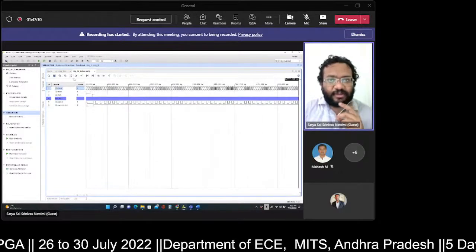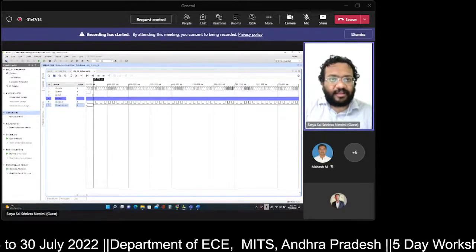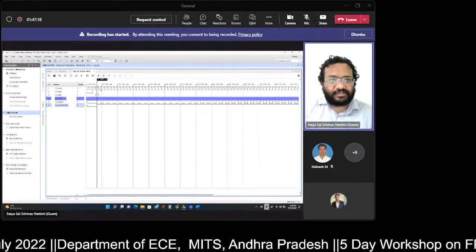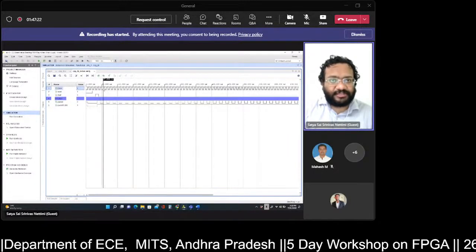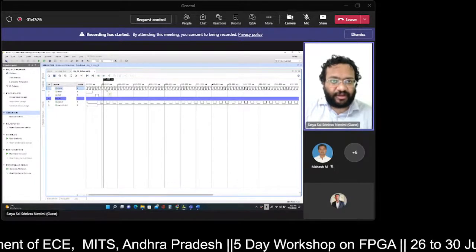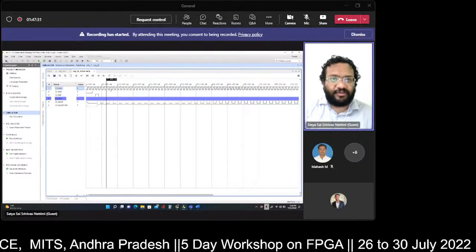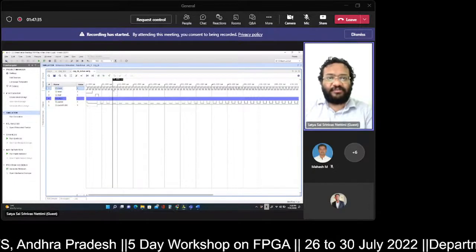I will zoom in. Yeah, now you can see here the frame valid is high. So in the first clock cycle we got bit 1, in the second clock cycle bit 0, in the third clock cycle again bit 1, in the fourth clock cycle bit 0, in the fifth clock cycle bit 1, sixth clock cycle bit 0, and so on.